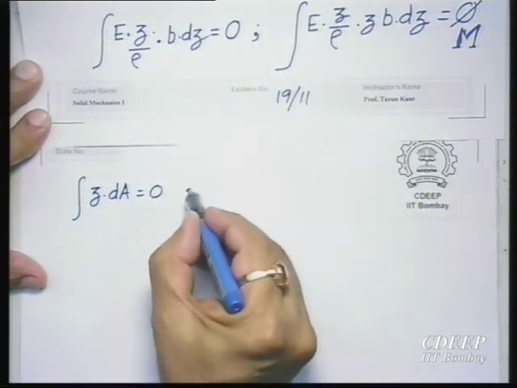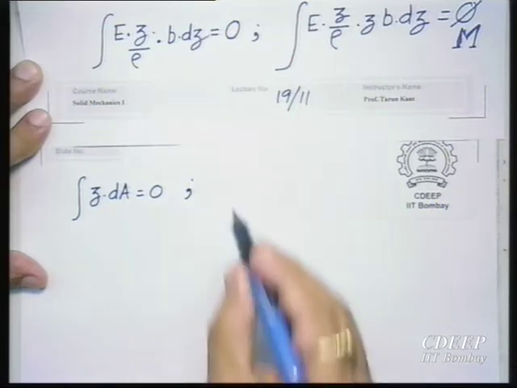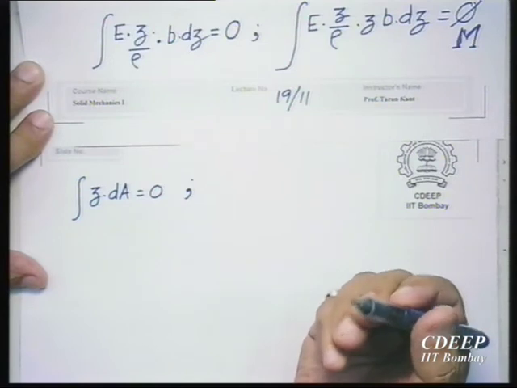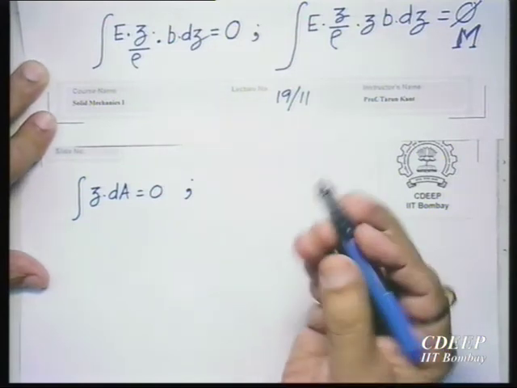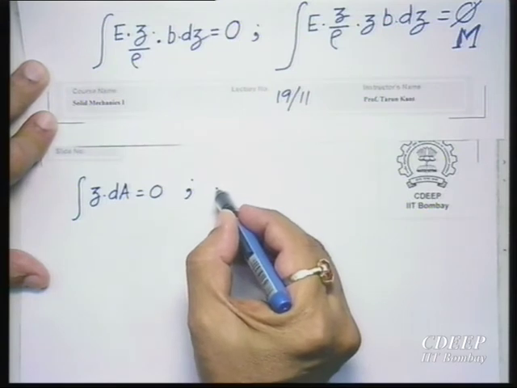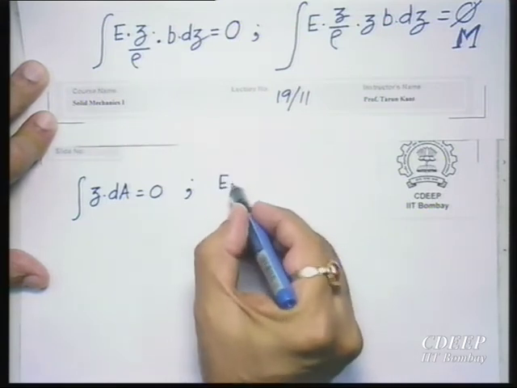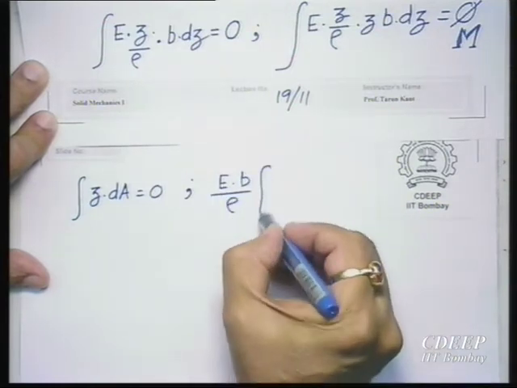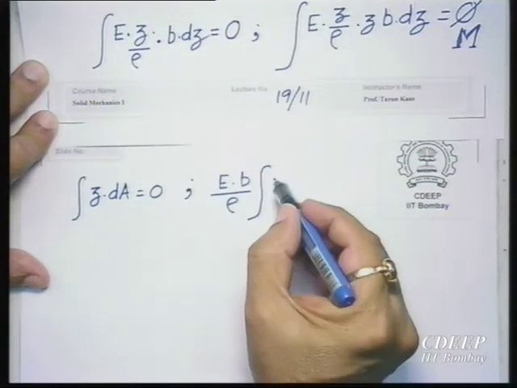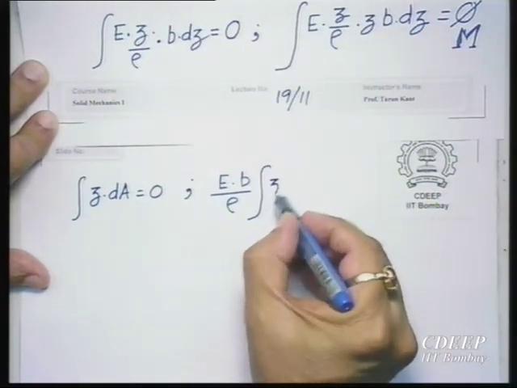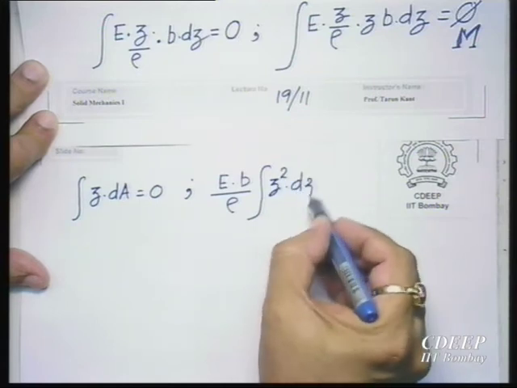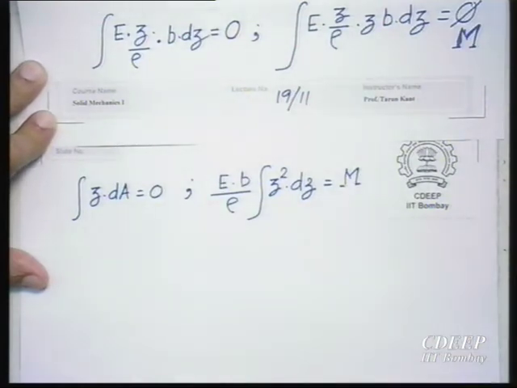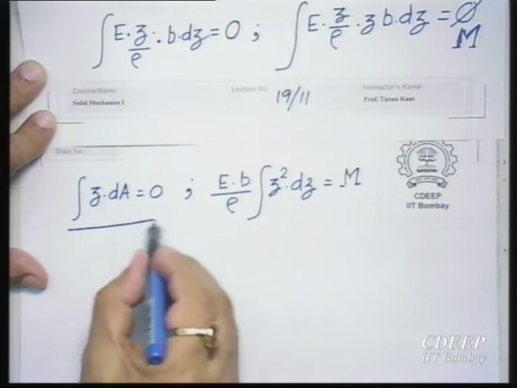The second one is E b by rho, integral z square dz, equal to M. Now, does this mean anything?